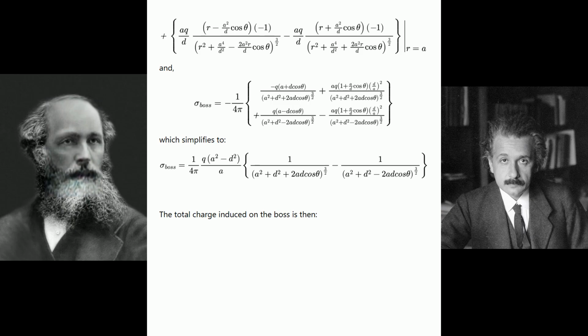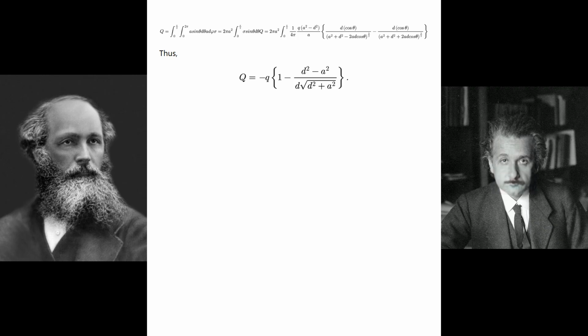The total charge induced on the boss is then q equals the integral from 0 to pi over 2 of the integral from 0 to 2 pi of a sine theta d theta a d phi sigma equals 2 pi a squared times the integral from 0 to pi over 2 of sigma sine theta d theta.